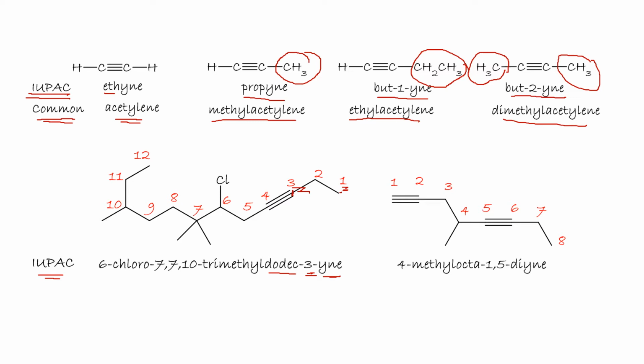By numbering 1, 2, 3, 4, 5, the chloro will be on carbon 6, methyl, 2 methyls will be on carbon 7, and 1 on carbon 10. So it will be according to alphabet. Okay, here is C and here is M. So it will be 6-chloro-7,7,10-trimethyldodec-3-yne.